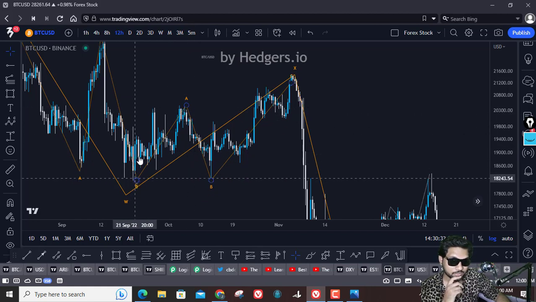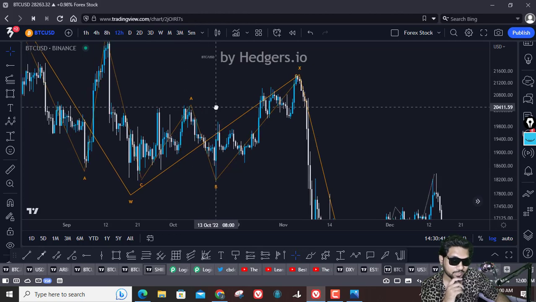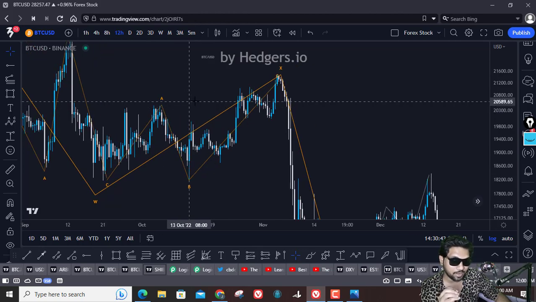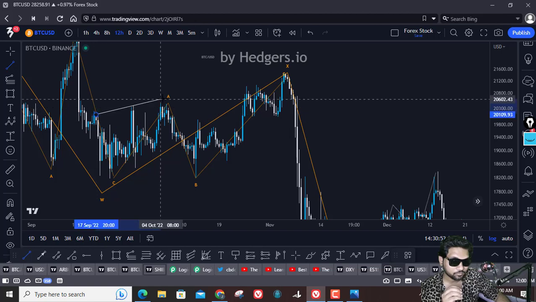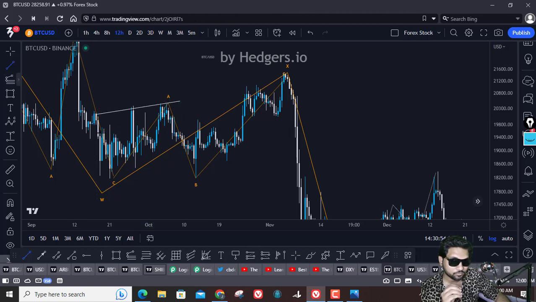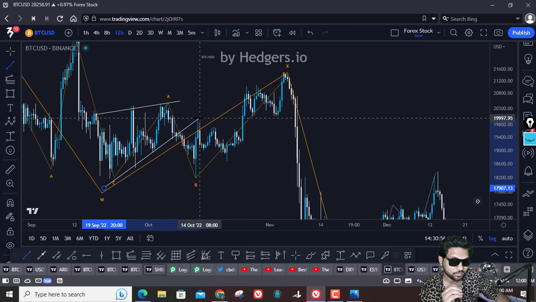But here we see the count is not matching, because 1 2 3 4 5, yeah, high probability that this is based on the leading diagonal, like this.